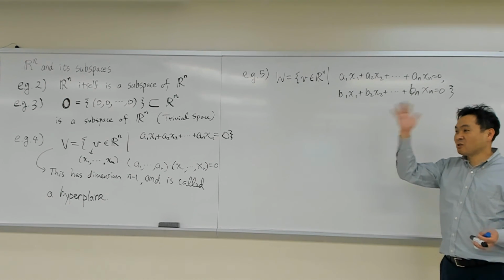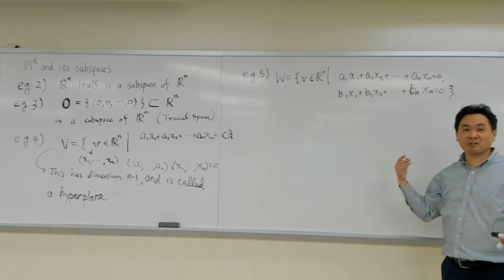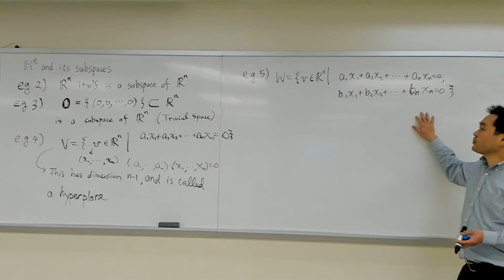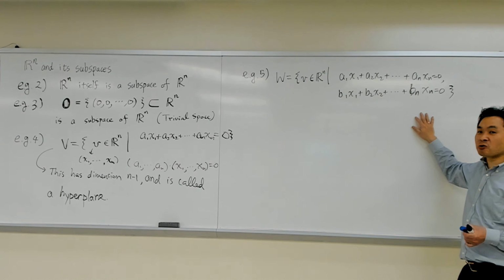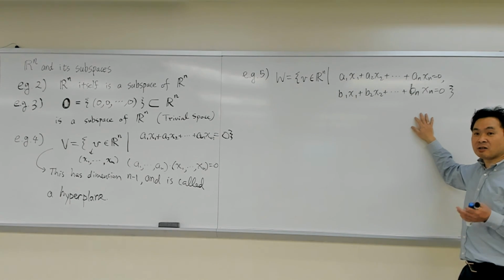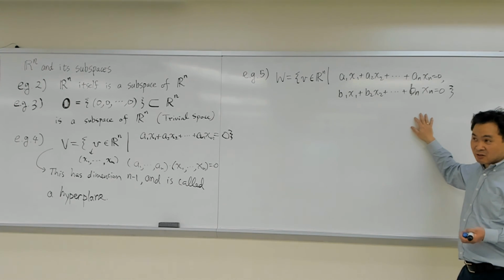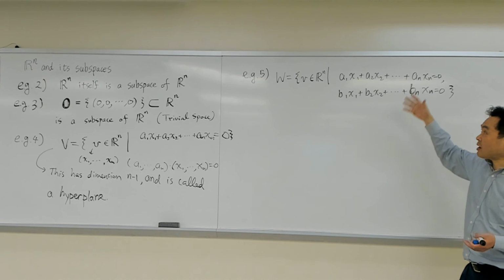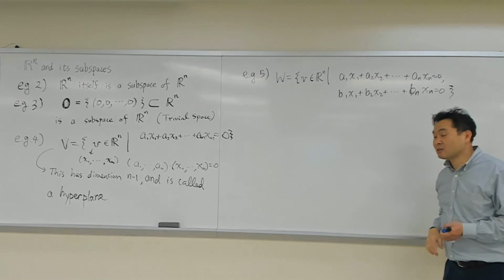We know that the usual plane is 2D and space is 3D, so that should be obvious. But later in this course, we're going to have a formal definition of what a dimension is. Then you really have to stick to that definition. But at the same time, you should have some intuition of what a dimension is as well.